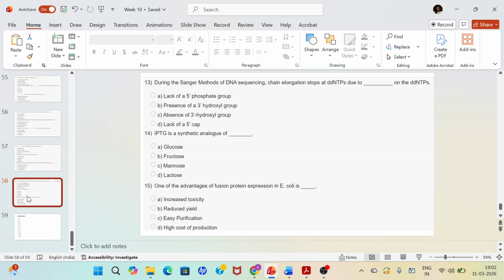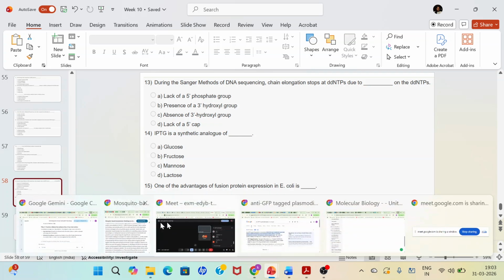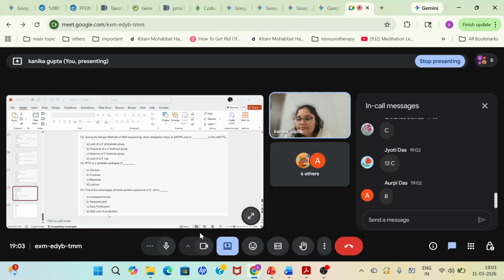During the Sanger method of DNA sequencing, chain elongation stops at ddNTPs due to what on the ddNTPs? Question 13.